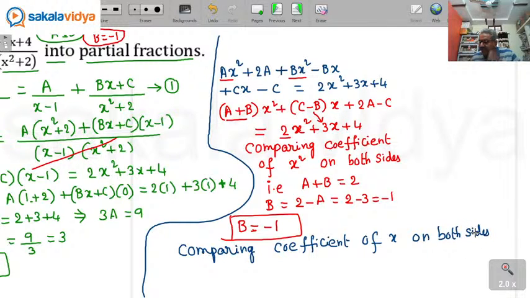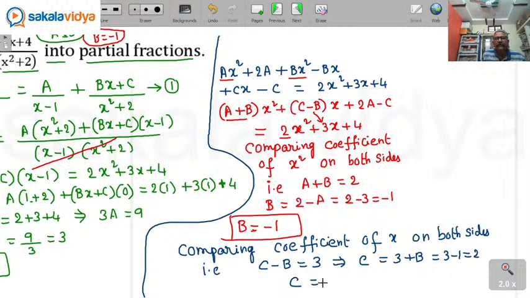Very good, very good. So on comparison we get c minus b equals 3. We need to find out the c value. C equals 3 plus b. B equal to negative 1. So 3 minus 1, that is 2. Therefore c equals 2. Now the c value is equal to how much? 2. So now substituting the a value, b value, c value here, we get the partial fractions.